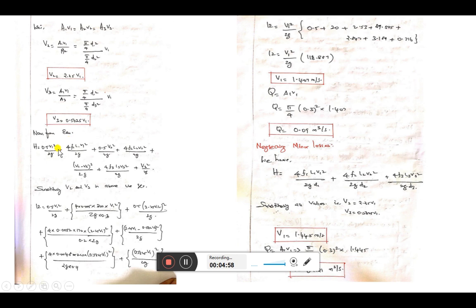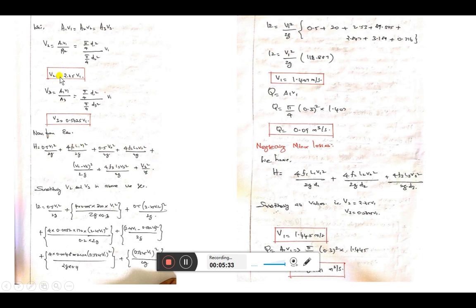Now we write the same equation that we found earlier, in which 0.5 v1 square by 2g is the loss of head due to entrance, then loss of head due to friction in pipe 1, loss of head due to sudden contraction, loss of head due to friction, loss of head due to expansion, loss of head due to friction, and exit loss. We have v1, v2, v3, so we substitute v2 and v3 in terms of v1, so all the velocities will be in terms of v1.